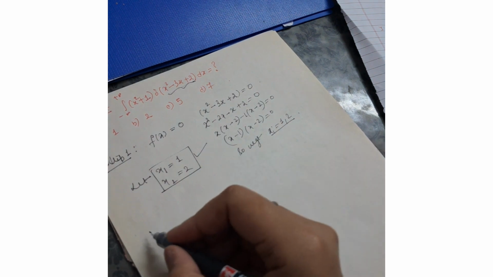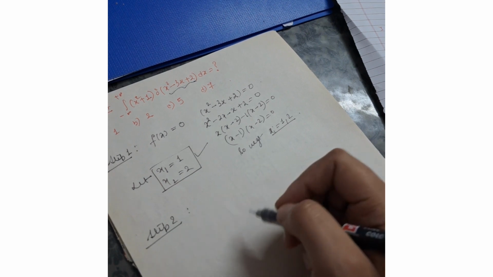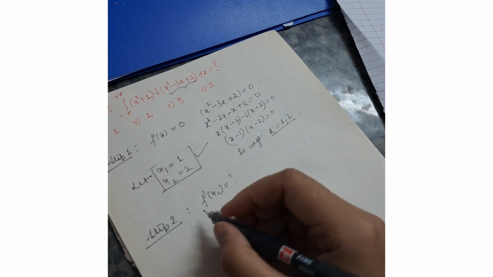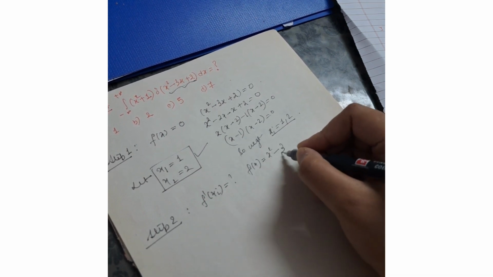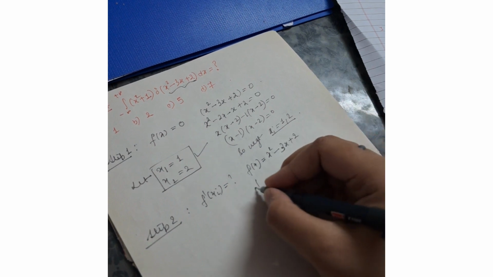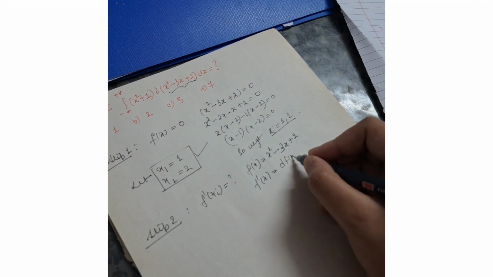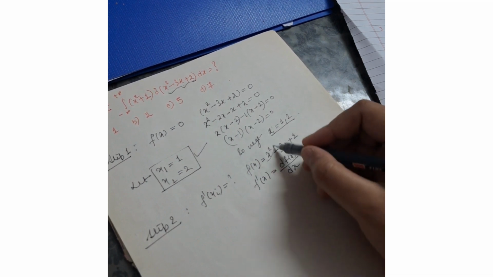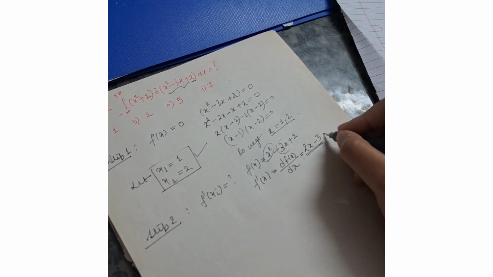Now step 2. In step 2, let us evaluate f dash(xi). So what is f(x)? f(x) is x square minus 3x plus 2. Now f dash(x) means differentiating the function f(x) with respect to x, so we get 2x minus 3.